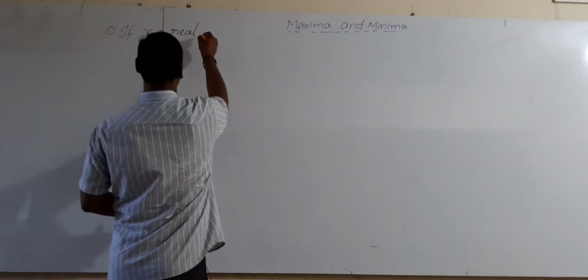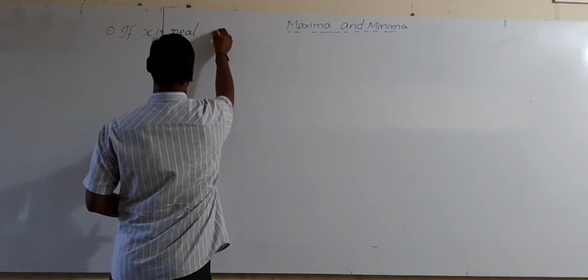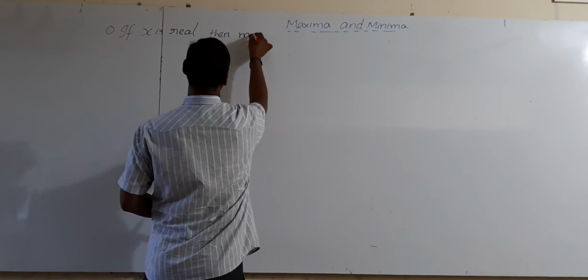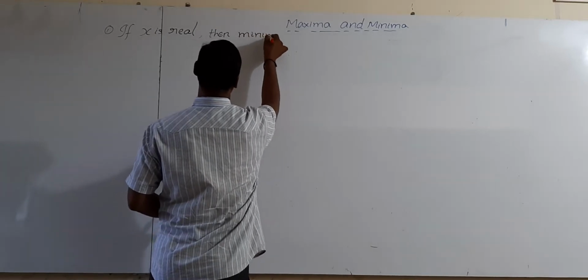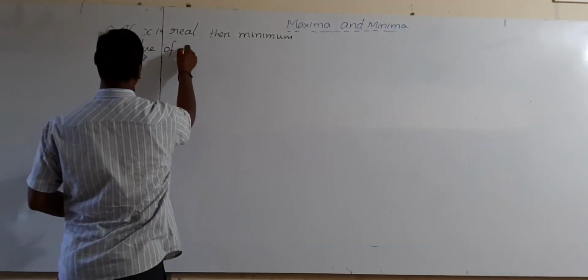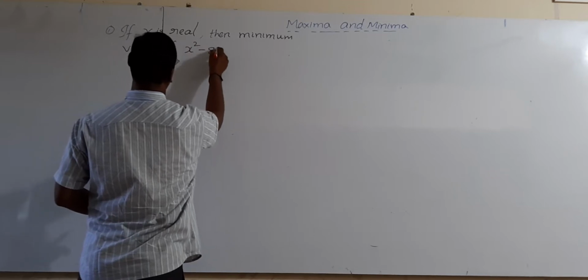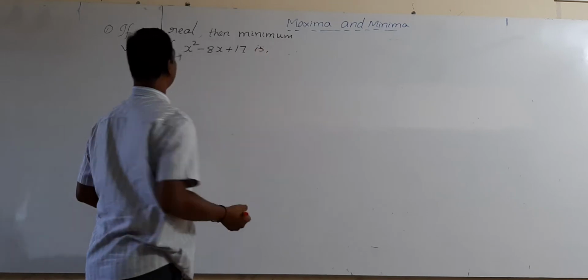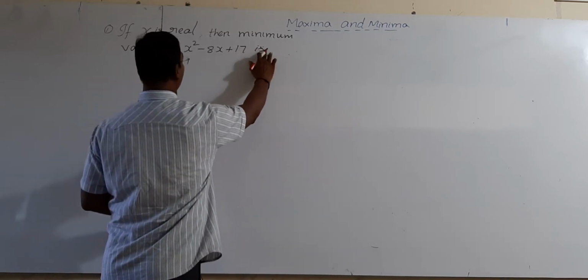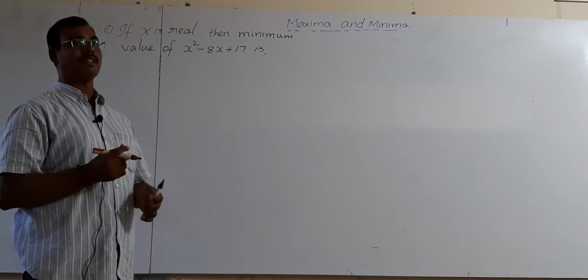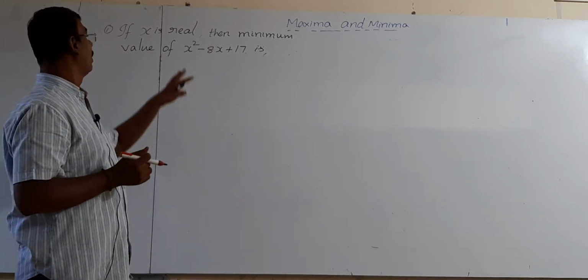If x is real, then the minimum value of x square minus 8x plus 17 is what?